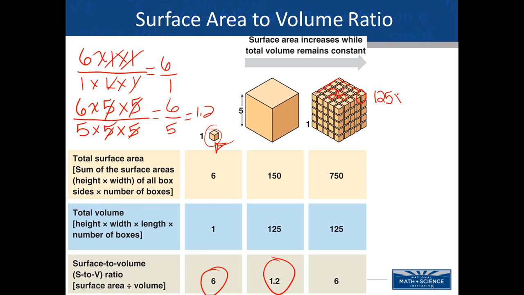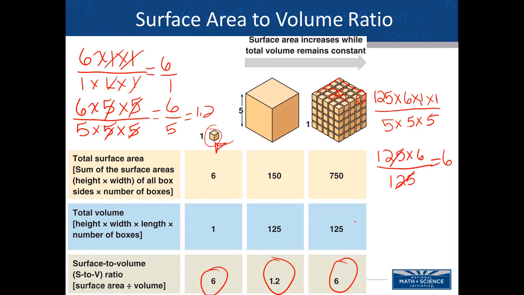Now each one of those smaller cubes has 6 faces, and the length is 1 and the width is 1. The volume is still 5 by 5 by 5. So 1 times 1 is 1. This is going to be 125 times 6, and then 5 times 5 times 5 is 125. So we have now gone back to a 6 to 1 surface area to volume ratio.